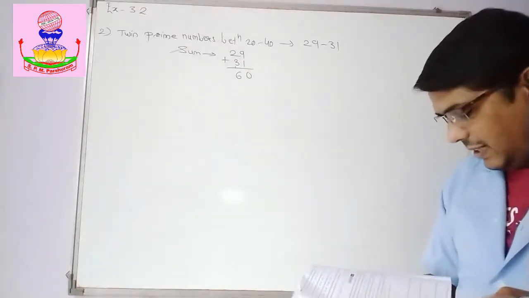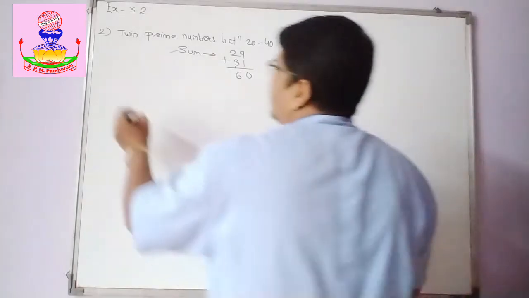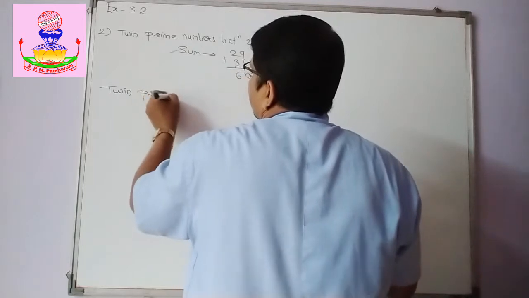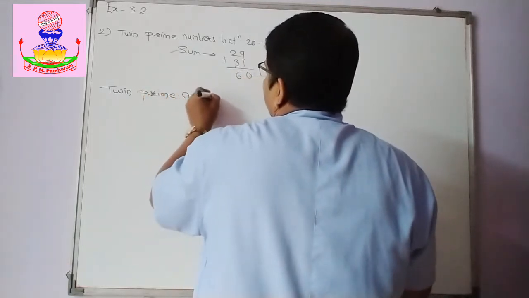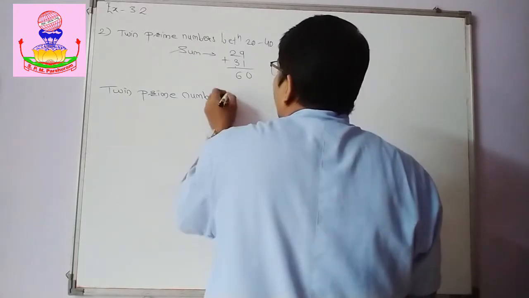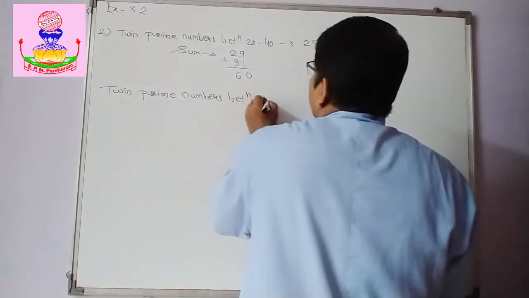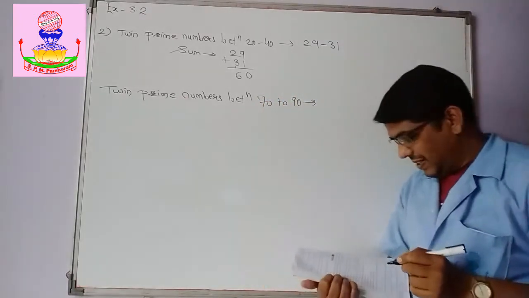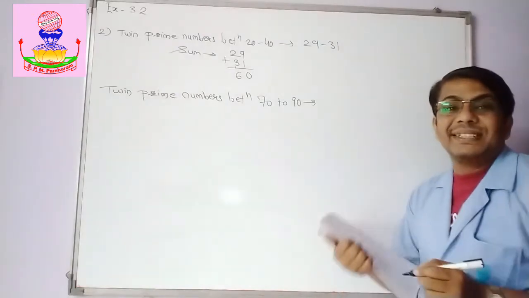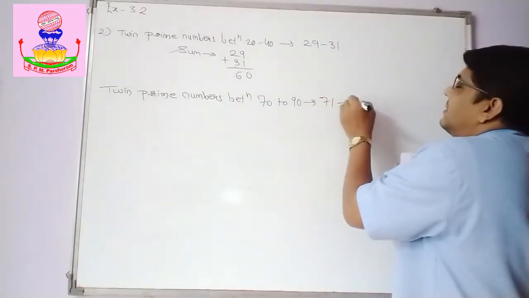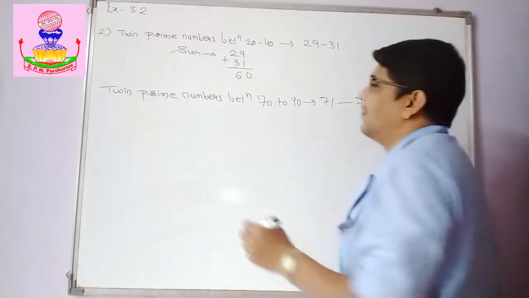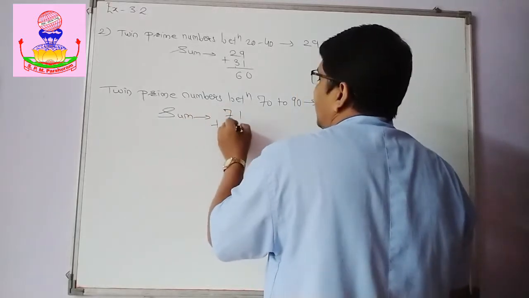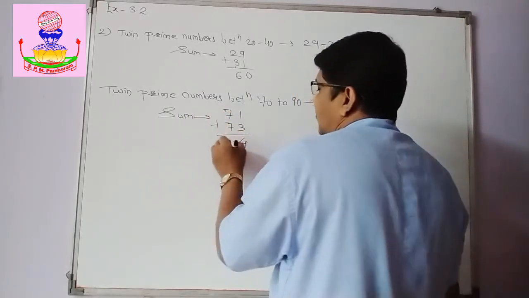Then, next is twin prime numbers between 70 to 90. Can you tell me? Yes, 71 and 73. And their sum. What is their sum? 71 plus 73. 144.